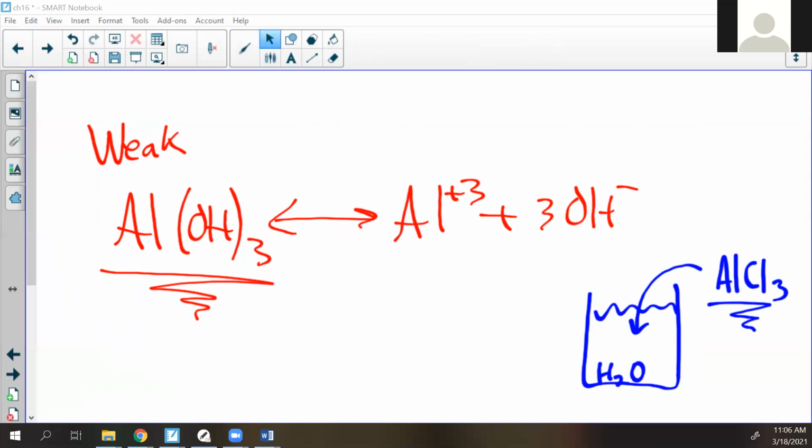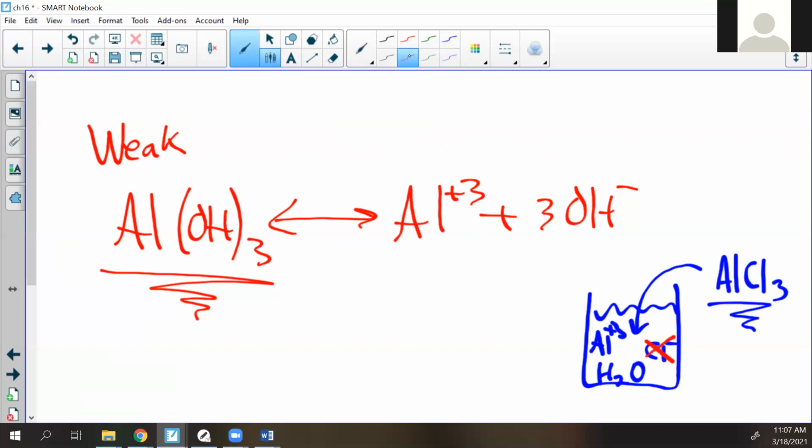Right? All right. So I have Al3+, and I have my Cl-. One of those two I couldn't care less about. Which one is it? The Cl- I don't worry about because it's the conjugate of something strong.